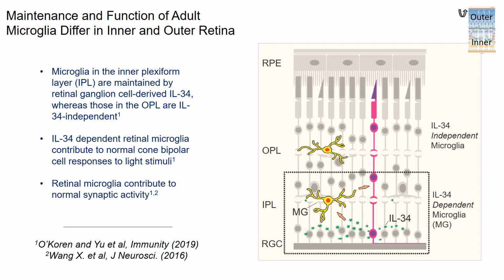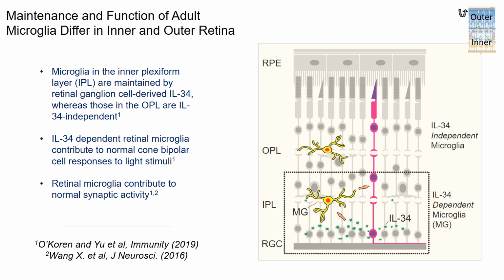This is a hematopoietin. In the case of the retina, it's expressed by retinal ganglion cells. So essentially, microglia in the inner plexiform layer are nurtured and maintained by the retinal ganglion cell layer. This is in direct contrast to the OPL, where these microglia are IL-34 independent.